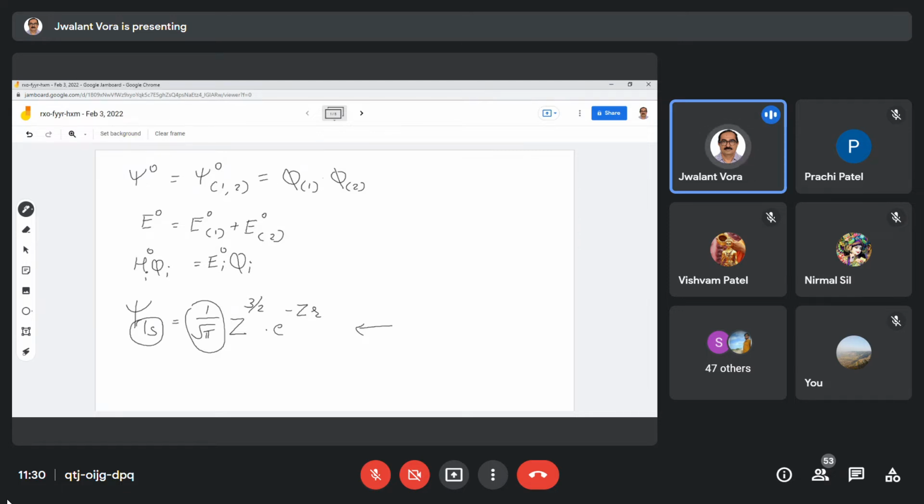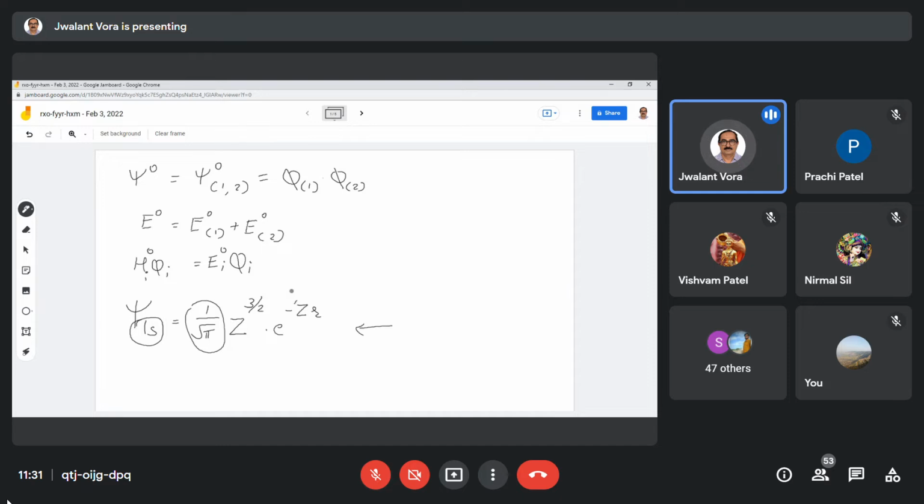I don't say that you have remembered them, but simply remember at this stage that for the 1s orbital, this is the eigenwave function: 1 upon root pi, the normalization constant, Z raised to 3 by 2 into e raised to minus ZR.